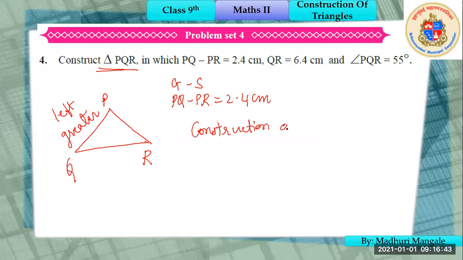Construction will be done above, right? We extend this line up and do the construction, right? So we are given QR, which equals 6.4 centimeters, and we are given angle PQR, which is 55 degrees. All right, so let's do the construction.